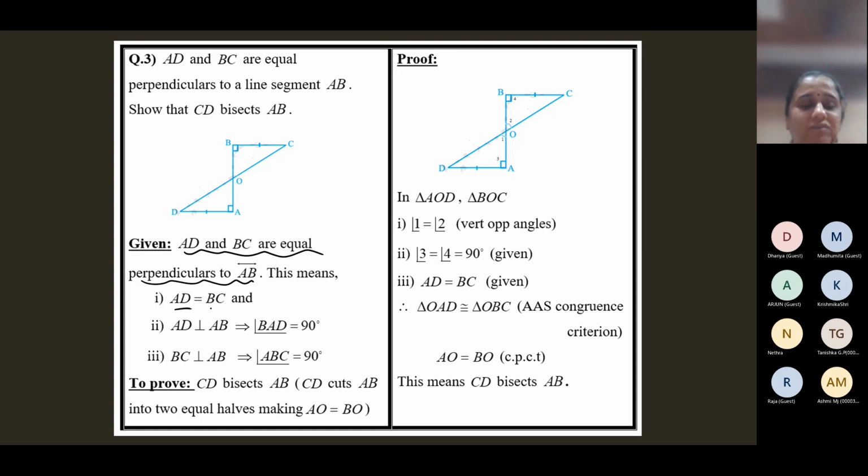That means AD is equal to BC, and AD is perpendicular to AB, and BC is also perpendicular to AB. I've written them separately.